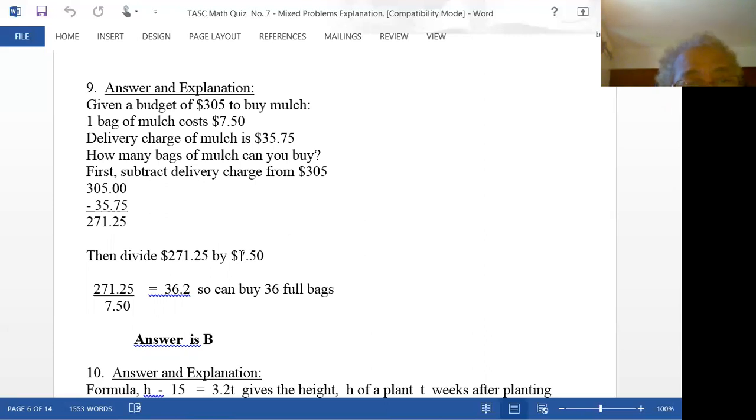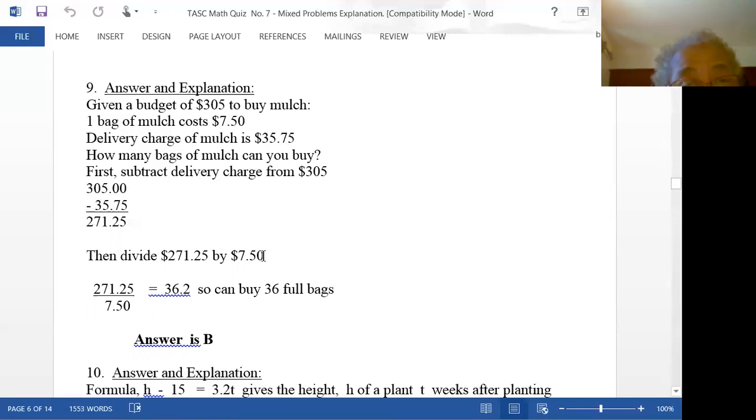Now, the first thing you want to do is subtract your delivery charge of $35.75 from $305. That gives you $271.25. Now your question is, how many $7.50s are there in $271.25?